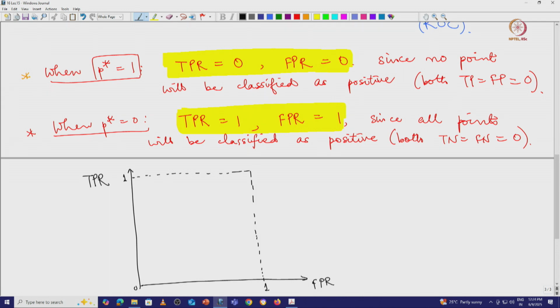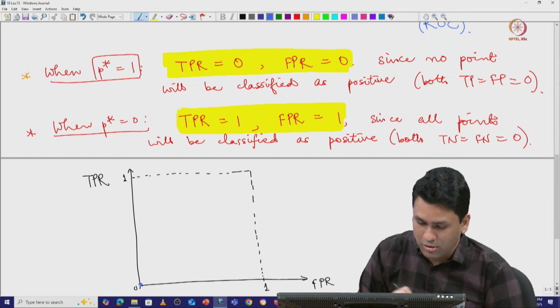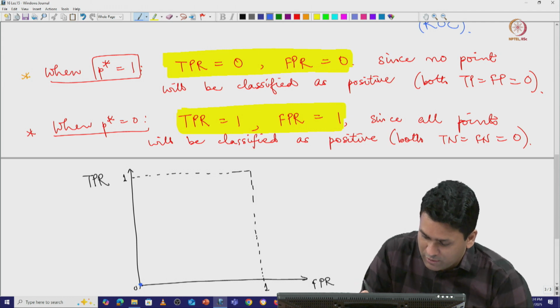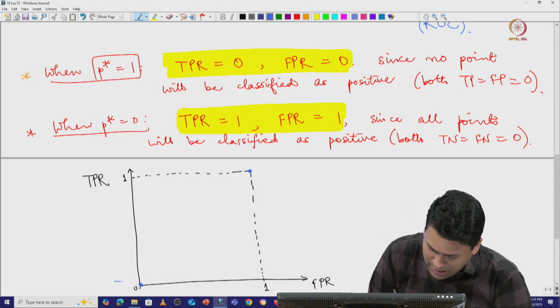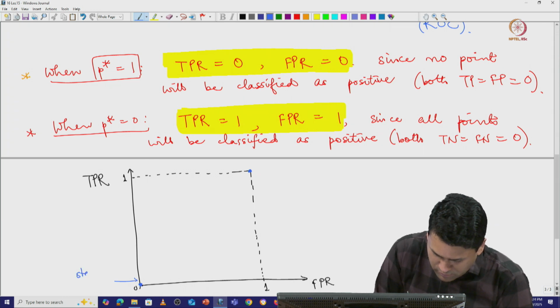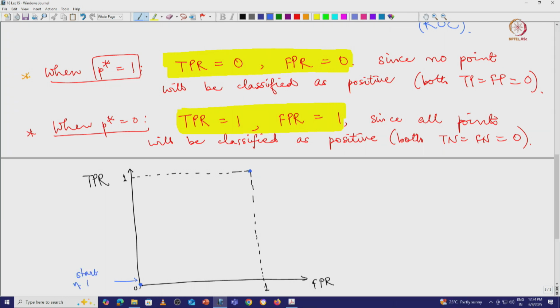We have already found out that when p star equals 1, this is where the point will lie, at 0, 0, and when p star equals 0, this is where our point will lie. So this is the start of the ROC curve, and this is the end of the ROC curve. So we know the starting and the ending points.